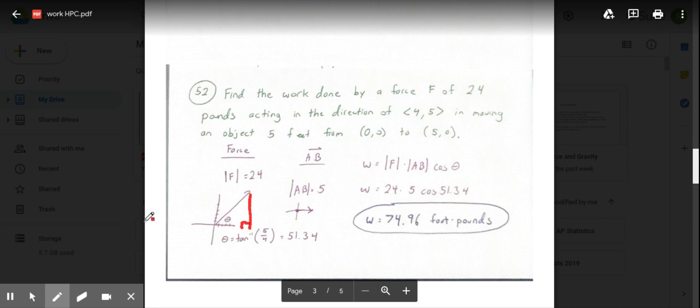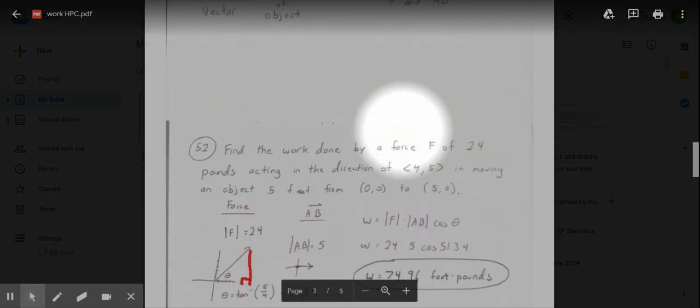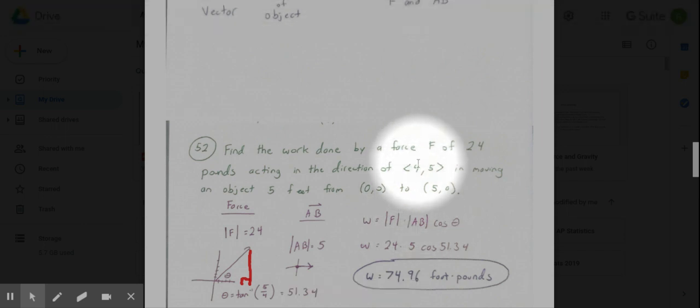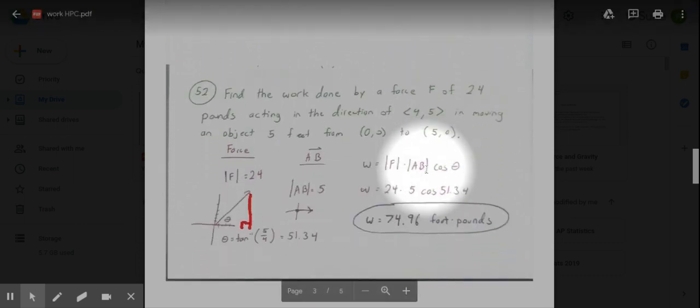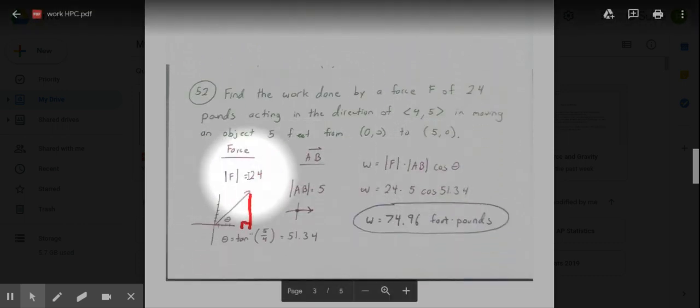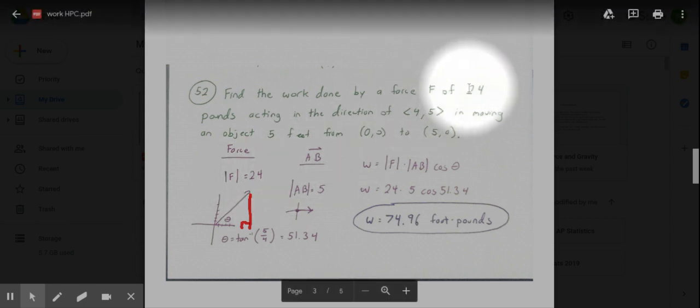In this specific problem, the formula I'm going to use is F times AB cosine theta. The magnitude of F is 24, because that is the actual force number there.